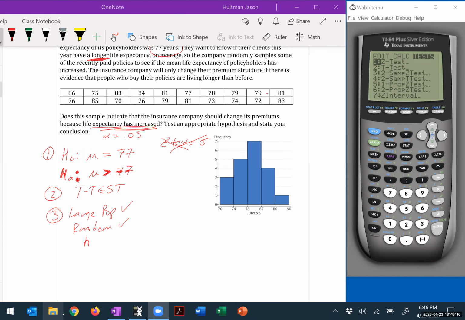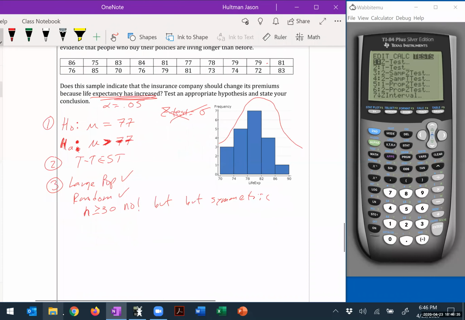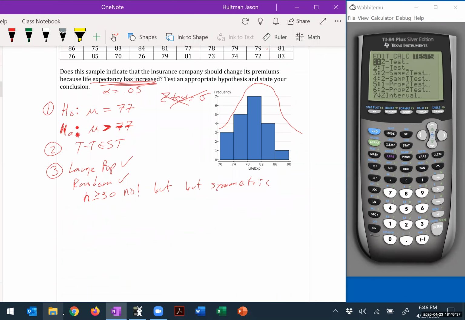So is n here greater than or equal to 30? No, but from the histogram, we can see that it is fairly symmetric. So we're going to go ahead and run a t-test.